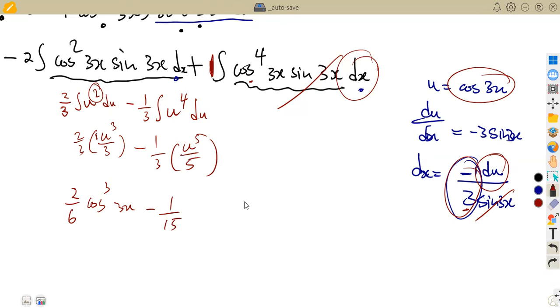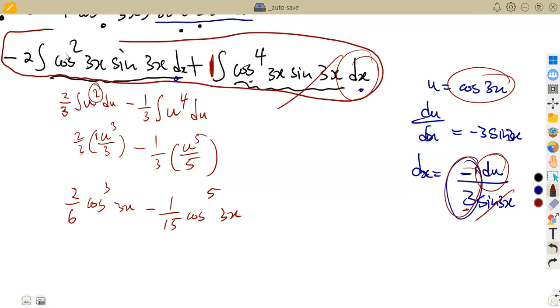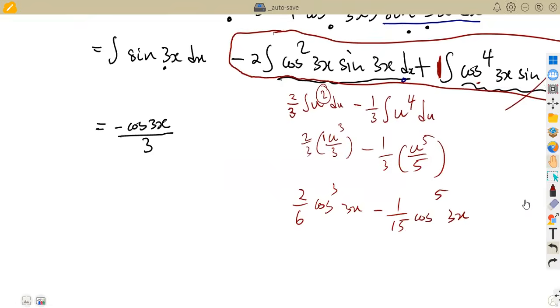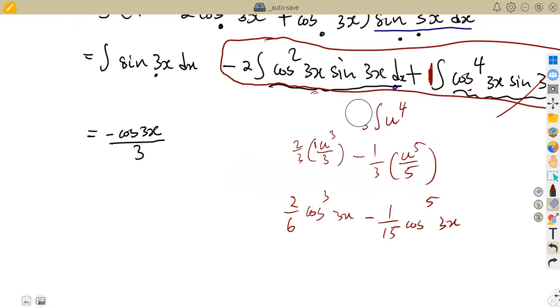U is cos, so this will be cos to the exponent of 5 of 3x. So this is the integral that we are going to take from the whole of this part. You are supposed to use the substitution method because it's the same thing. So if we integrate the whole of this part, we are going to get this answer, which I'm just going to write here.